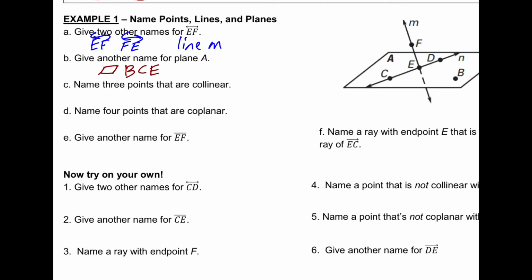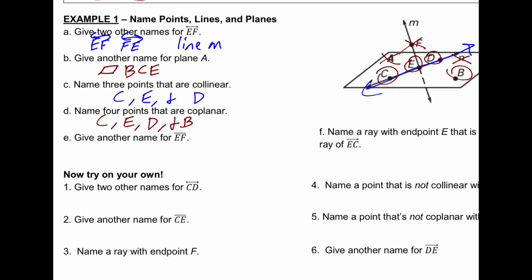Out of the few lines that are in this diagram, this is the only line that has 3 points on the same line. So C, E, and D are collinear, and that's 3 points that are collinear. If you want to say 4 points that are coplanar, F is not on this plane, A is not a point, N is not a point, so we'd have to choose C, E, D, and B. The order doesn't really matter. I guess I could have gone alphabetical, but that works too.